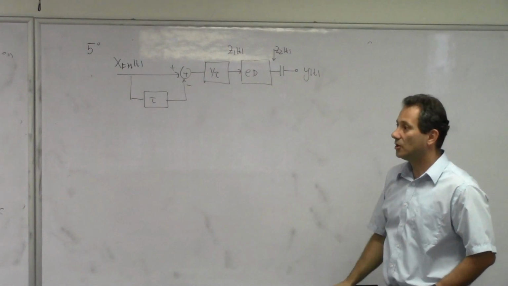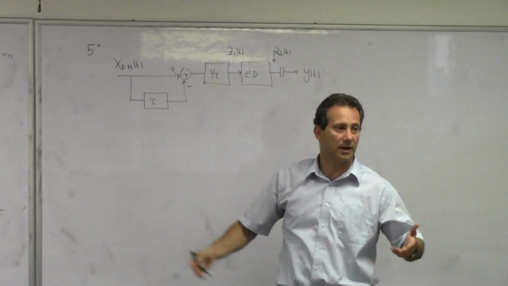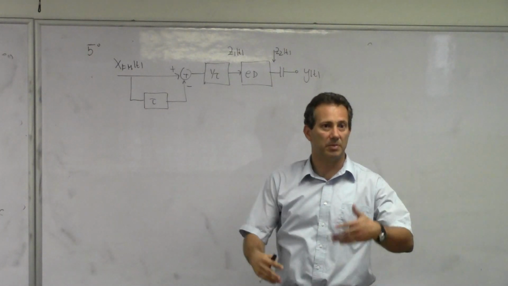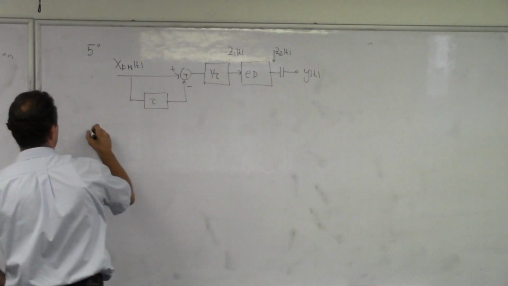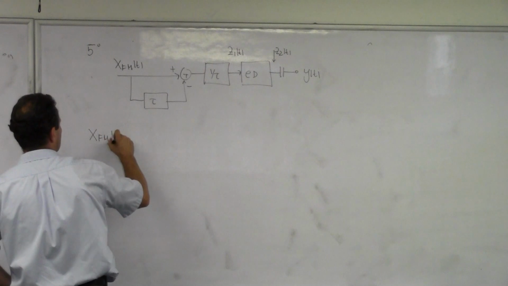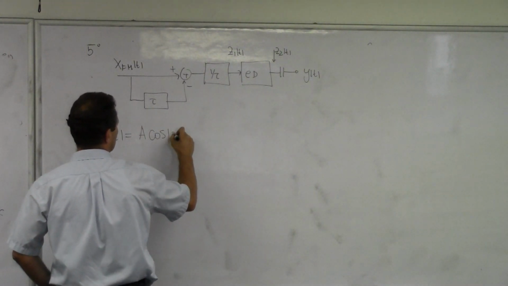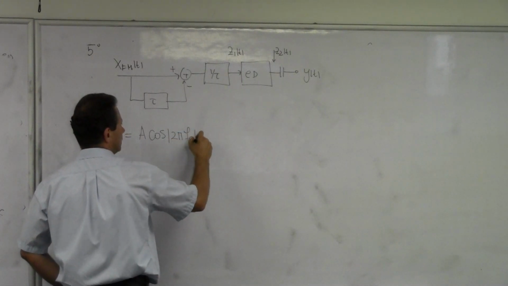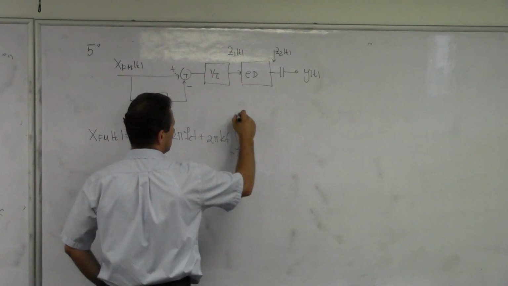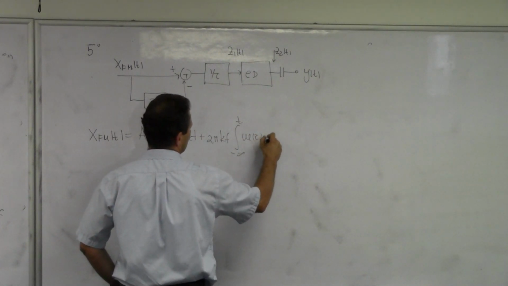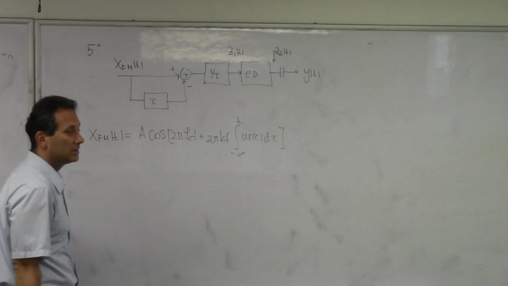Okay. So this is another one of the problems of the nature where you have a block diagram, and all you have to do is be patient and evaluate the signal at various components. So first thing, what does X_FM of t look like? This is the general form of an FM modulated signal, so it is A cosine of 2 pi Fc t plus 2 pi Kf integral from minus infinity to t of m of tau d tau. That's my FM modulated signal.